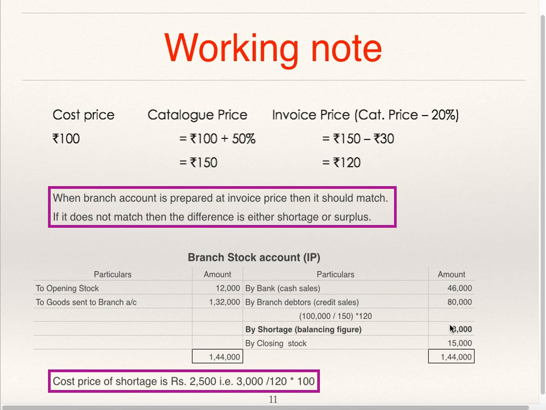So 3,000 is the balancing figure, which is shortage, loss by fire. 3,000 is at invoice price, since this account is at invoice price. The cost price of shortage is 3,000 divided by 120 into 100, that is 2,500. Why? Because if 120 is invoice price, cost price is 100.